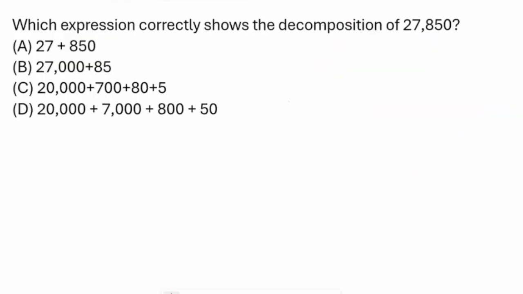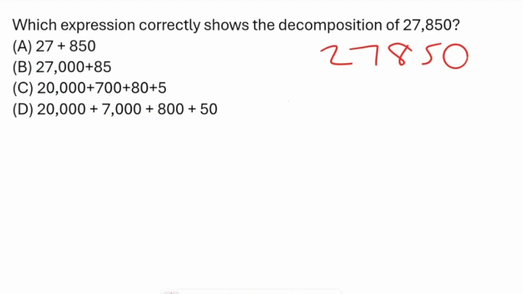The next problem asks us which expression correctly shows the decomposition of 27,850. Decomposition in math means breaking down a number into its component parts. So don't make this harder than it needs to be. So let's go ahead and write this one out. 27,850.